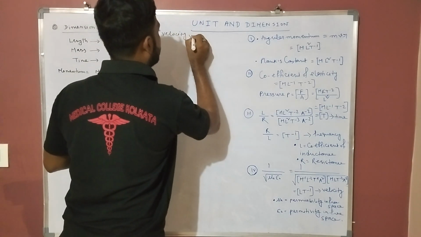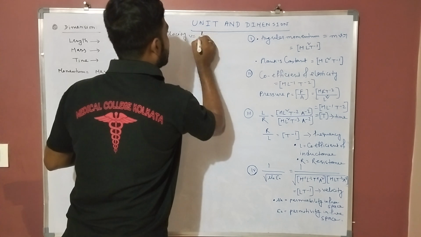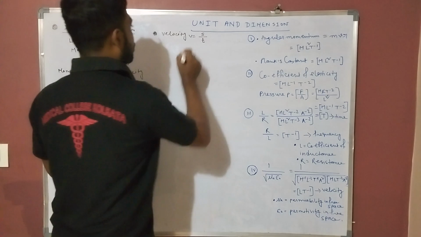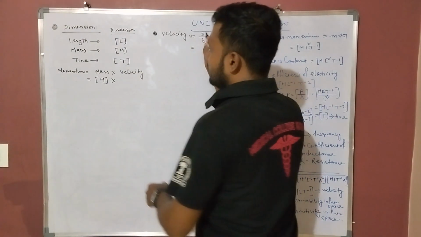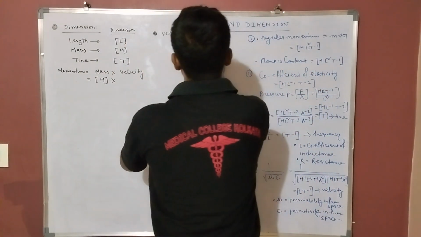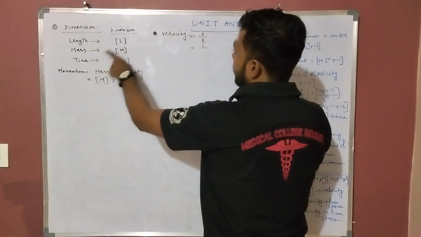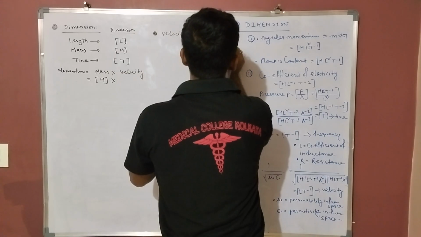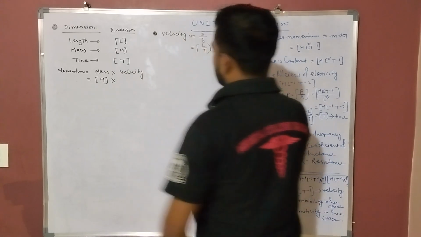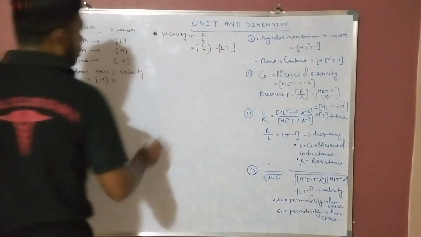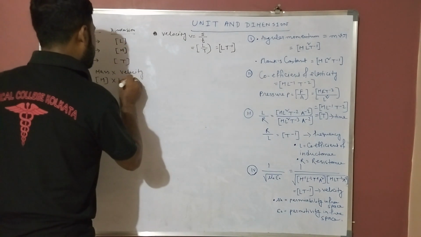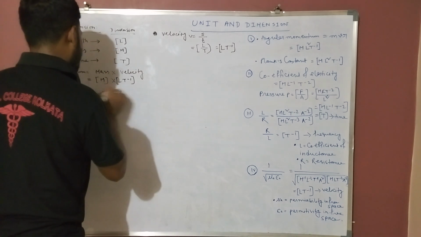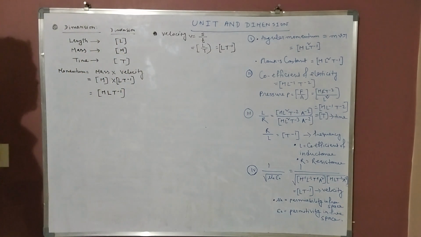Velocity v is equal to L by t, or s by t, where s is distance. This is length, and we know the dimension of length is L. This is time, and we know the dimension of time is T. So L by T means L T to the power minus 1. This is the dimension of velocity. So put this value here, L T to the power minus 1. So the dimension of momentum will be M L T to the power minus 1.